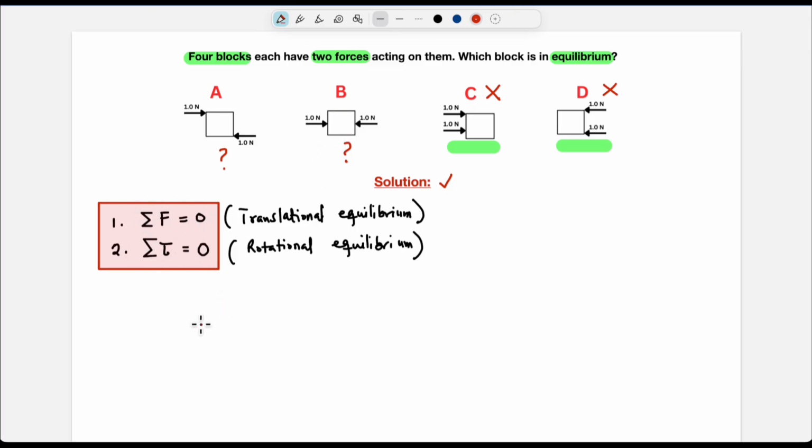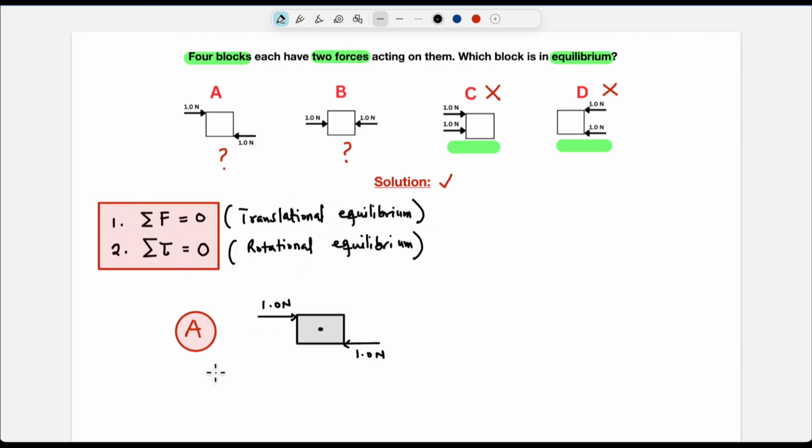So let's look at block A. We have block A sitting and then acted upon at this point by a force 1.0 newton to the right, and then at this point by a force 1.0 newton to the left. So this is the center of the block. So let's check the first condition, which is translational equilibrium.